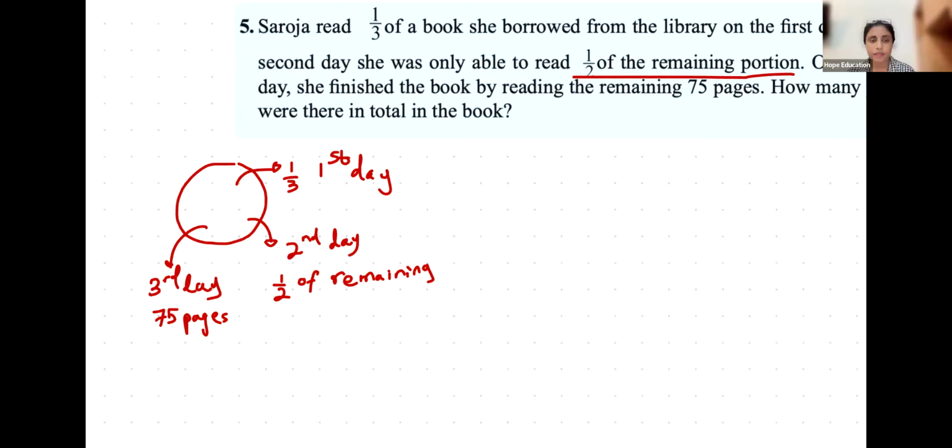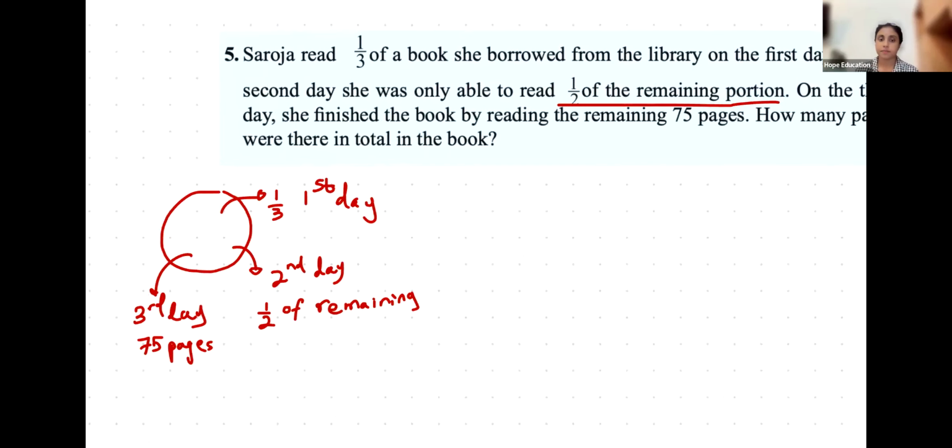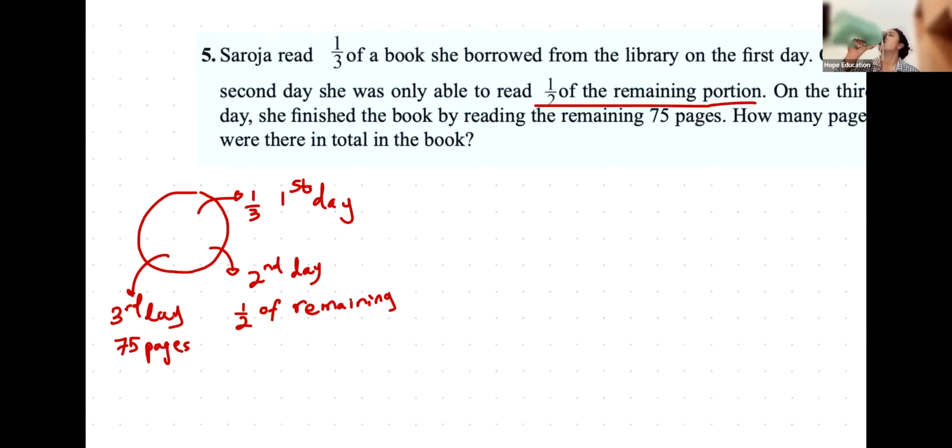For the fifth question, Saroja's question. 75 pages, the total number of pages. 150 pages, okay. 450, okay. We'll see. Good. So now there are different answers. Different answers means almost all of you have tried. But we will discuss and see what is the correct answer.